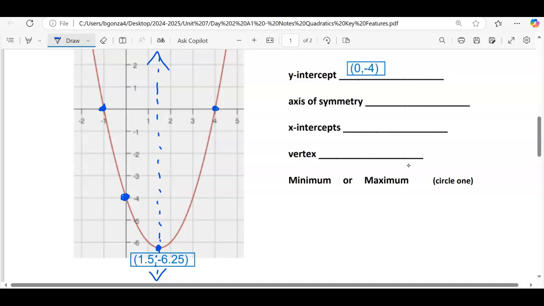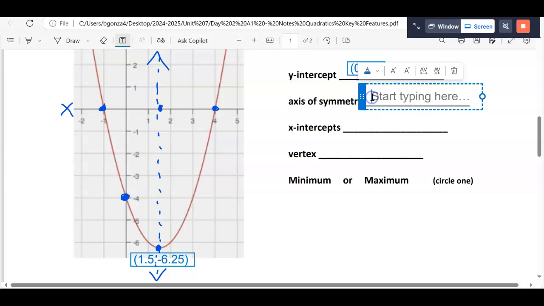And since it's a vertical line, we want to think, what axis does it go through? So check it out. This vertical line hits right here on which axis? What do you call this left to right axis right here? This is the x-axis.